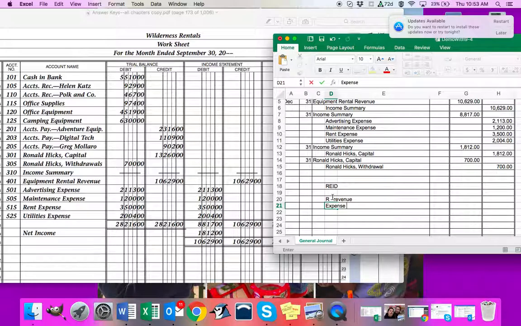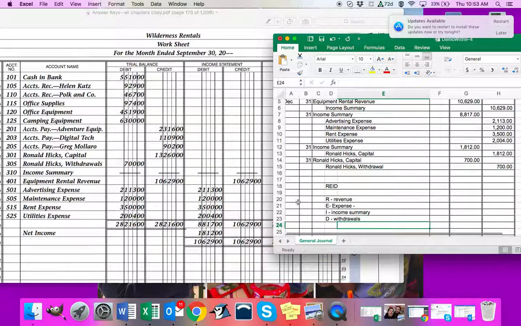Expenses is the E. A is income summary. And D is for withdrawals. I know, that's a weird one. Kids always have a hard time with that one. Okay, and so this is the order you have to close them in: READ, revenue, expenses, income summary, and withdrawals.